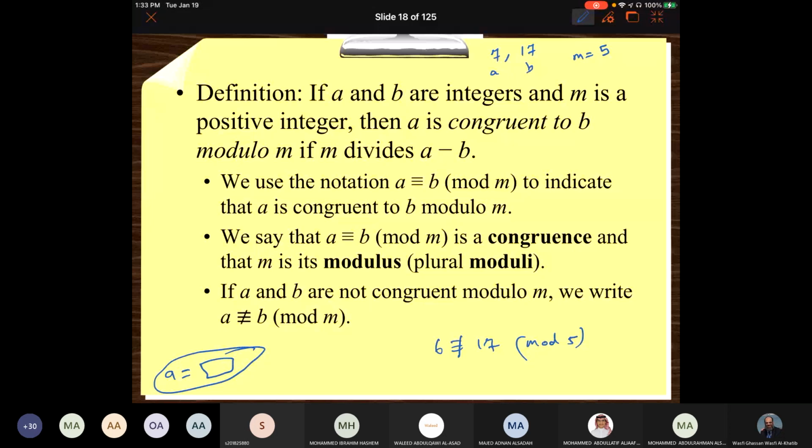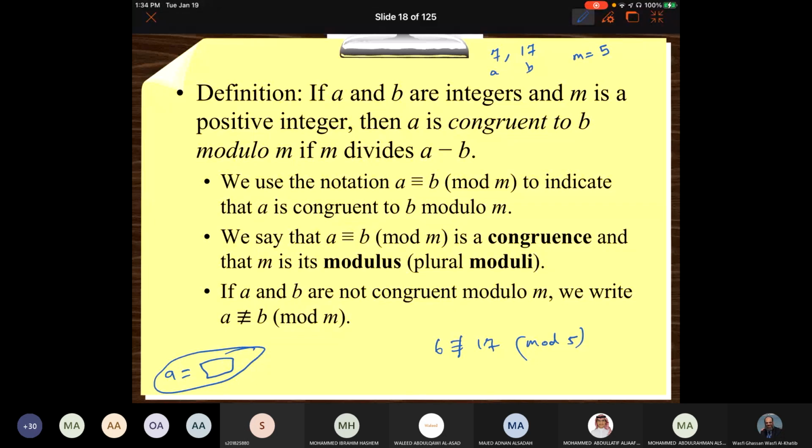So 7 is congruent to 17 mod 5, but 7 is not congruent to 17 mod, let's say, 7. Are they congruent, 7 mod 7 and 17 mod 7? No, they are not congruent.